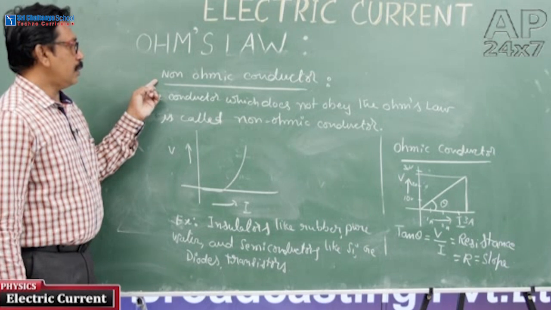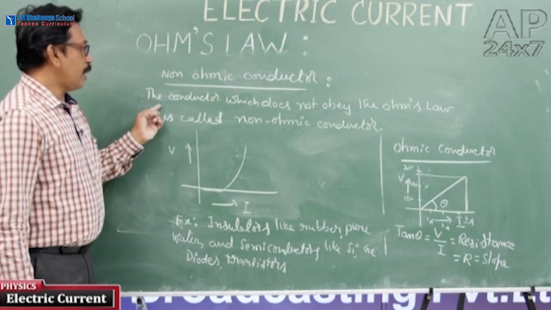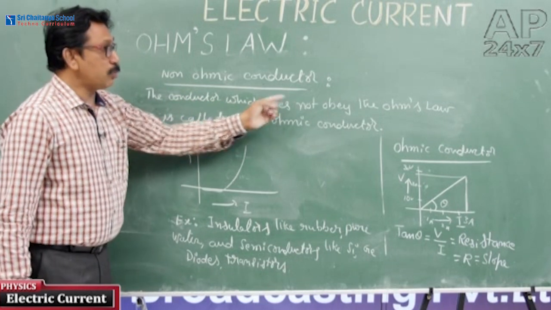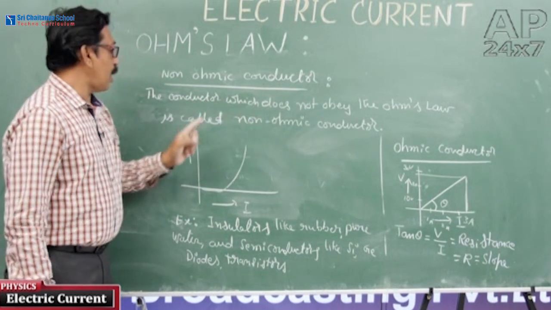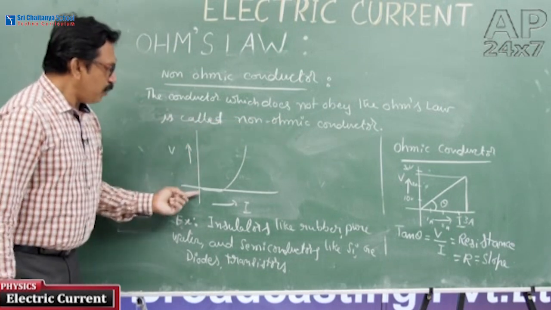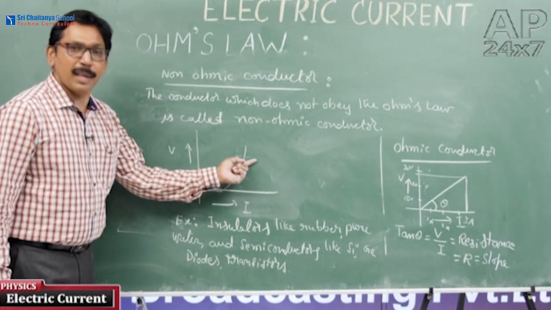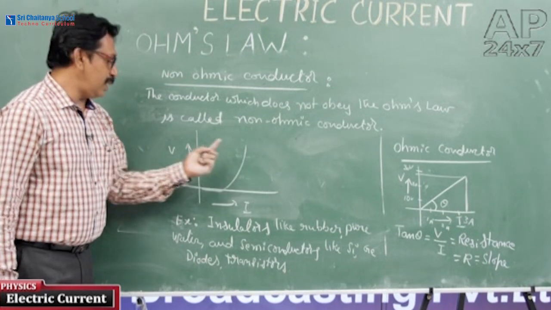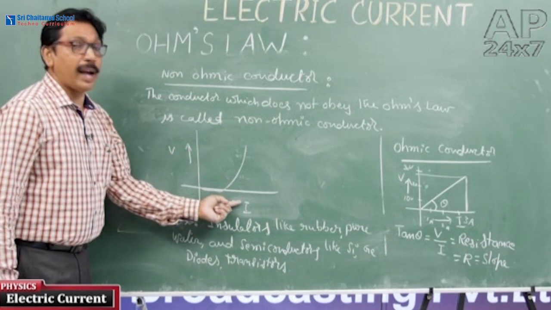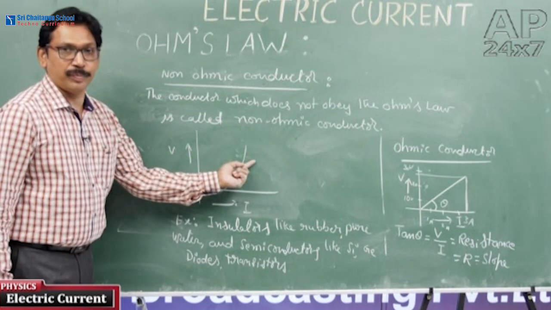Let us know about non-ohmic conductors. The conductor which does not obey Ohm's law is called a non-ohmic conductor. The graph between V and I is a non-linear graph.